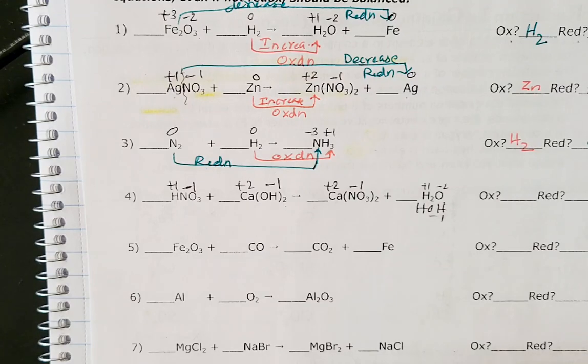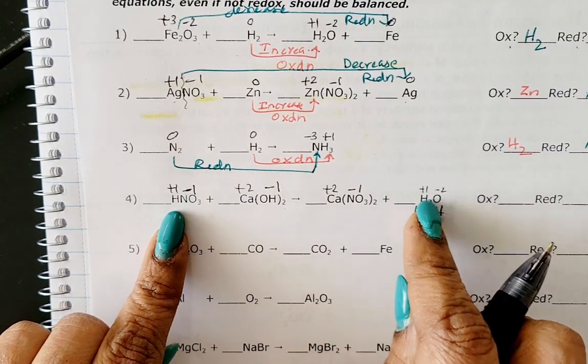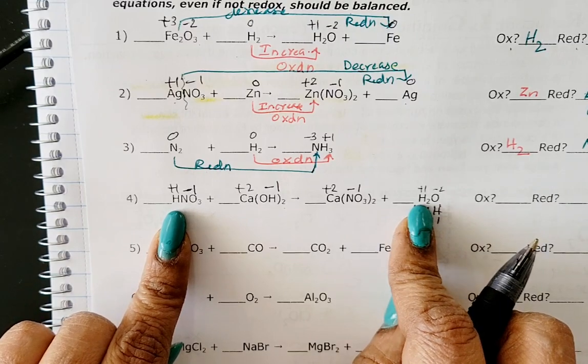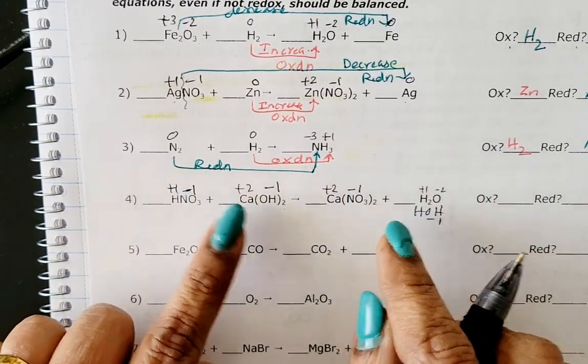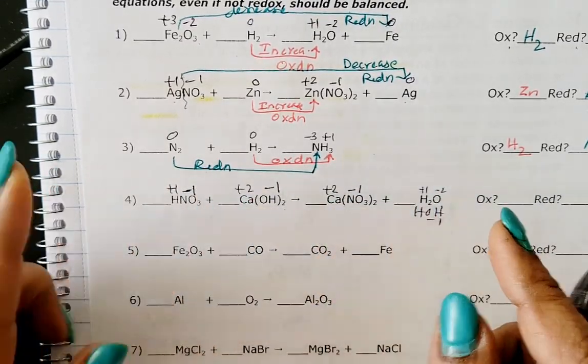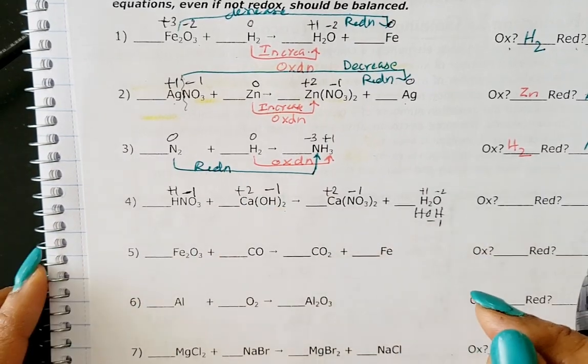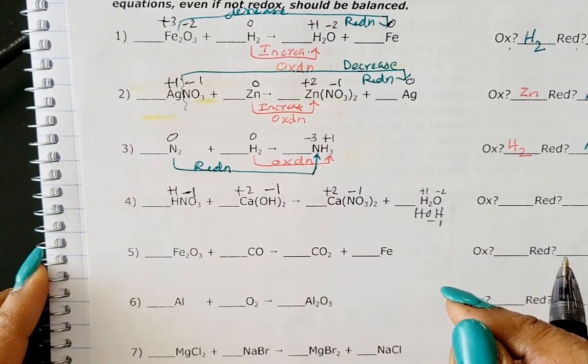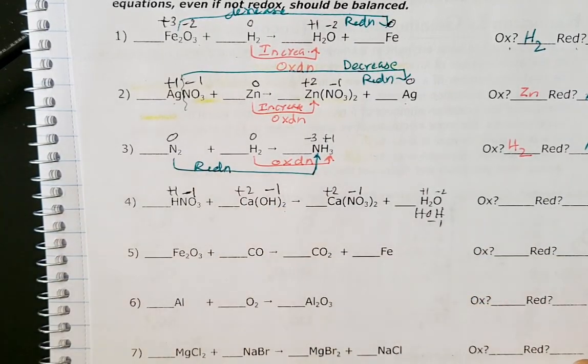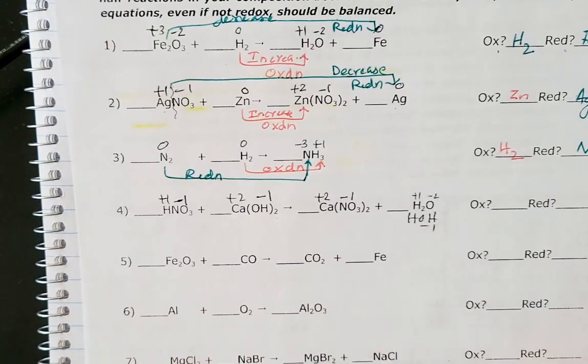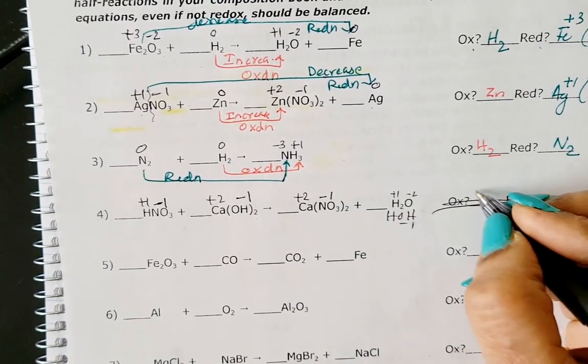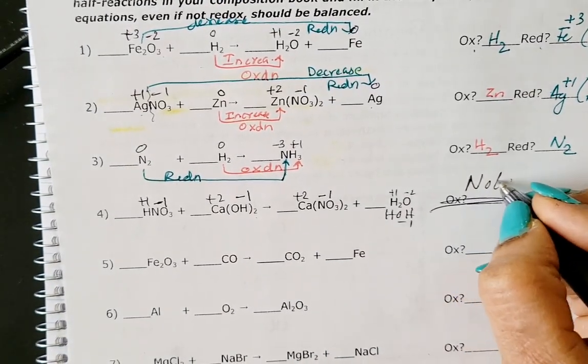Which one undergoes change? Hydrogen is plus 1 on both sides. Nitrate is also the same thing, calcium also the same, OH is also the same. So that means it is not a redox reaction.